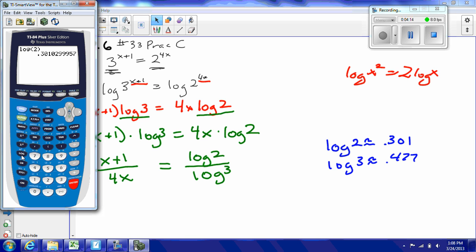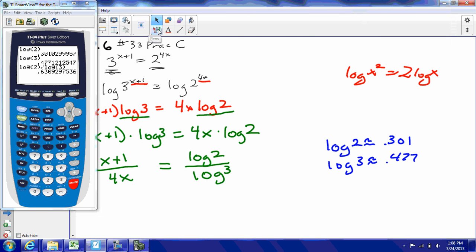I have log 3, 0.477, and I'm going to divide log 2 by log 3. I can just do that easily with the calculator. I can go log 2 divided by log 3. And that gives me 0.6309. Let's write that down here. That is equal to 0.631. We'll round it off to 3 decimals.